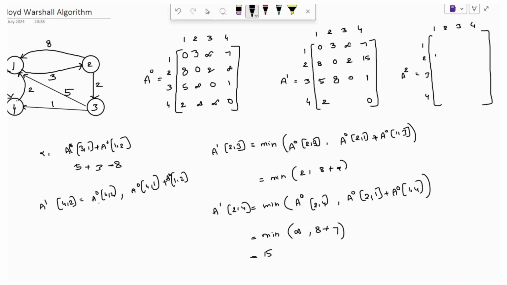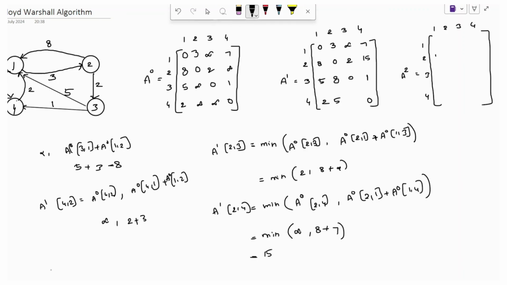So A0 of 4 comma 2 is right now infinity, and this one, A0 of 4 comma 1 is 2, and then A0 of 1 comma 2 is 3. So I got value as 5. 5 is less than infinity, right? So I am going to mark it as 5.